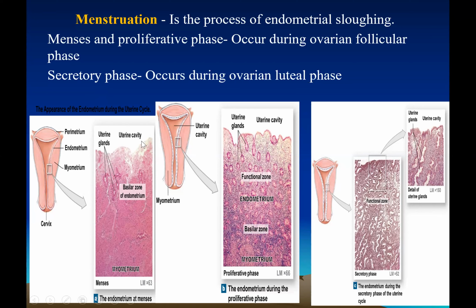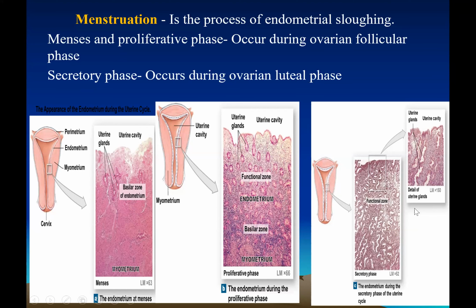The first picture is where menstruation has happened and the endometrium has sloughed off. Then the proliferative phase, when it thickens because of progesterone, anticipating pregnancy, as our body prepares for pregnancy by building the endometrium. The next one is the secretory phase, which overlaps with the ovarian luteal phase.